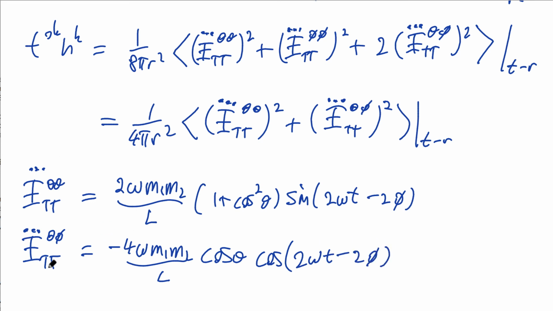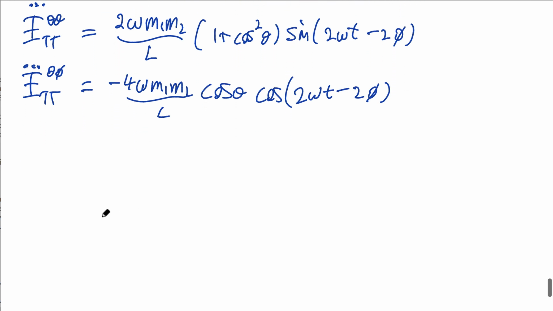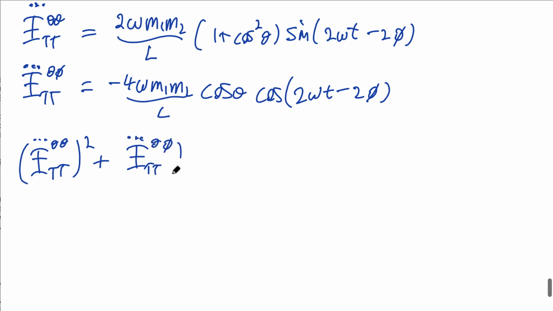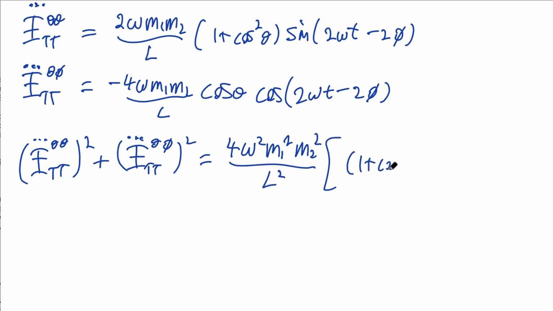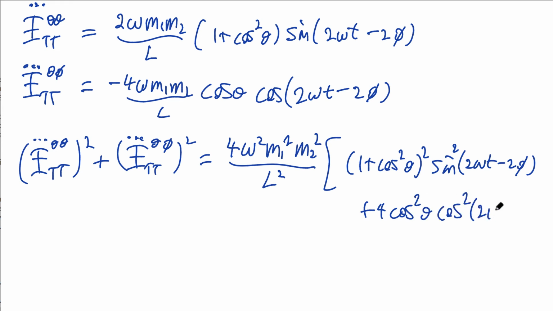And now we can square these results and add them together to obtain I bar tt triple dot theta theta squared plus I bar tt triple dot theta phi squared equals 4 omega squared m1 squared m2 squared divided by L squared times (1 plus cosine squared theta) squared times sine squared of 2 omega t minus 2 phi plus 4 times cosine squared theta times cosine squared of 2 omega t minus 2 phi.